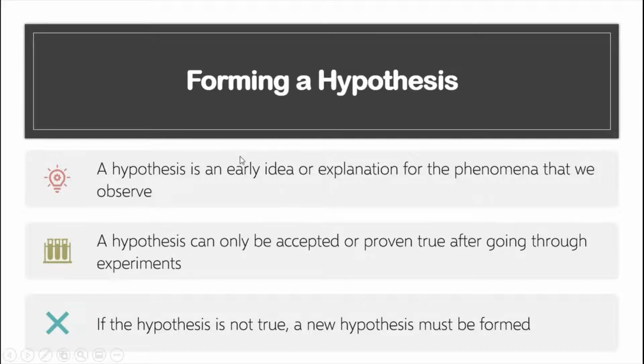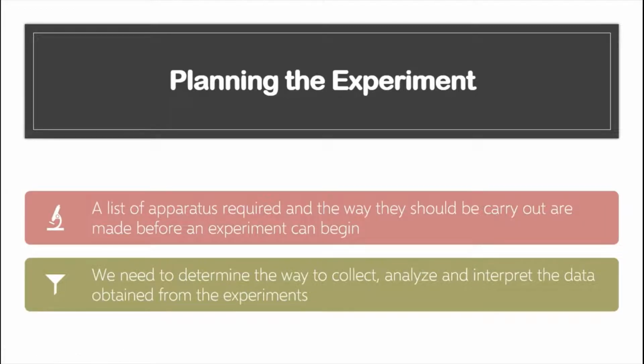Next, after we have a hypothesis, we must plan the experiments. A list of apparatus required and the way they should be carried out are made before an experiment can begin. Apparatus is a tool. The way they should be carried out, the system, should be made before an experiment can begin.